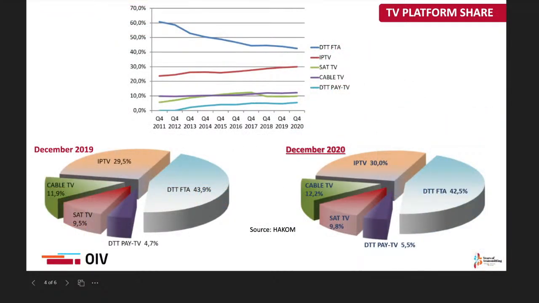In this graph, we can see the share changes of each TV platform over the last 10 years. And we can see on the pie that DTT, despite the transition from DVB-T to DVB-T2, is still a significant platform. It has more than 42% of share.